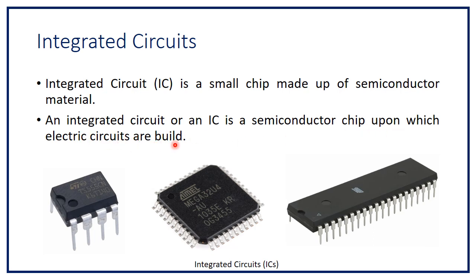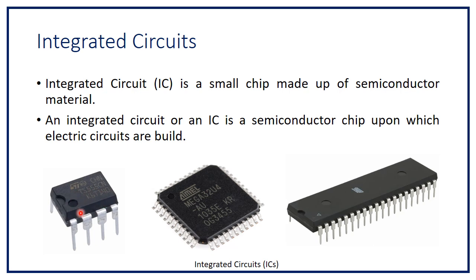There is a semiconductor wafer on which various electronic components are built, like transistors and resistors. These components are built on a small silicon wafer. There are thousands and millions of transistors and resistors.